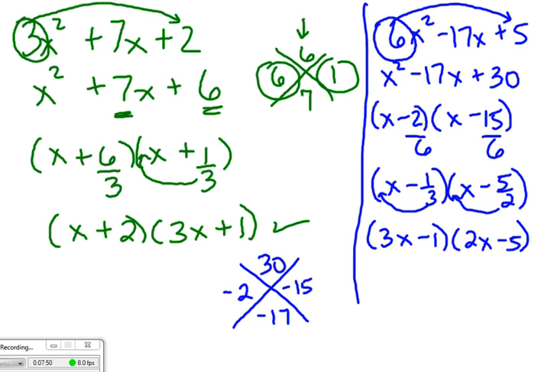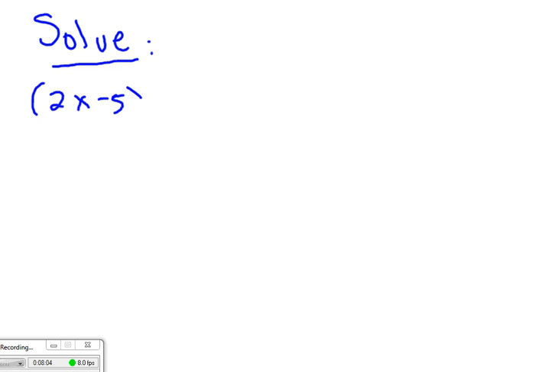All right, now, last thing I want to show you real quickly is when they ask you to solve an equation instead of factor, you have to actually finish the problem. So the previous problem we just did, 2x minus 5, 3x minus 1. So when they ask us to solve it, they'll have an equals there somewhere. Okay, so say it's equal to 0.